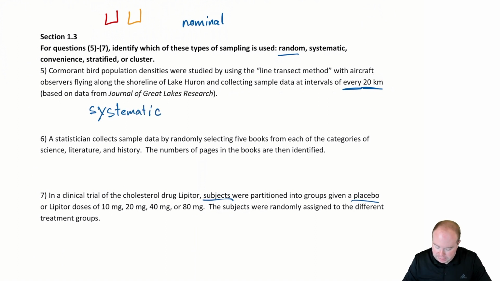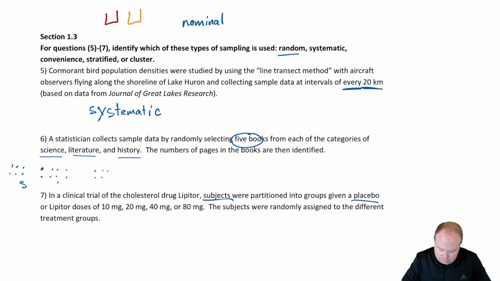In the case of number 6, the statistician collects sample data by randomly selecting 5 books from each of the categories. We're looking at categories here: science, literature, history. And from each of them, you're selecting 5. So it's the same principle as before. Let's say there are 6 science books, 8 literature books, and 5 history books.